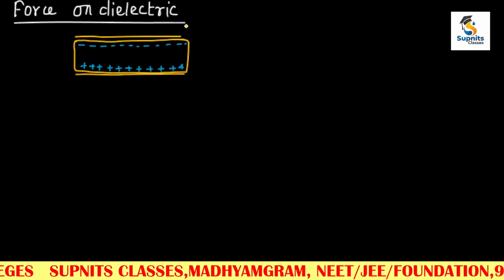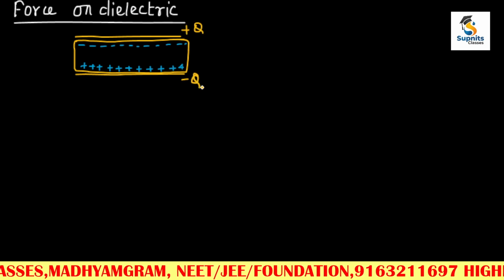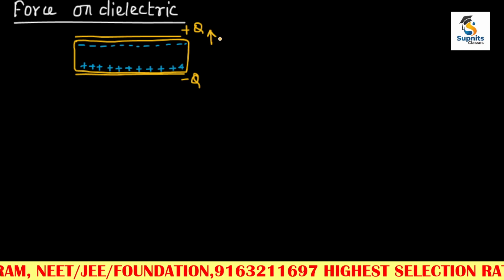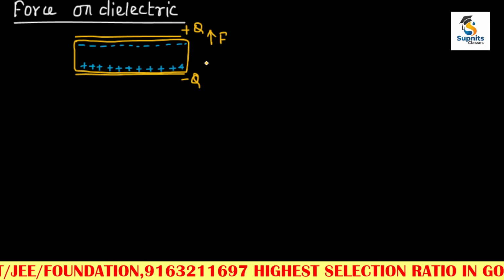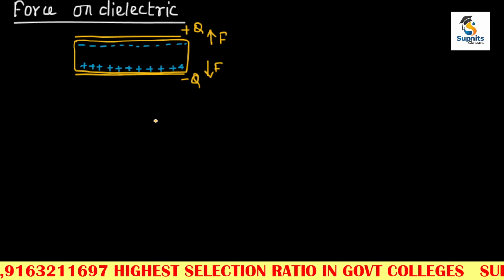Okay, and as the plates are having positive charges on the top one and the negative charges on the bottom surface, there will be an attractive force on the dielectric like this, and there will be an attractive force on the dielectric like this. So here the force gets cancelled.